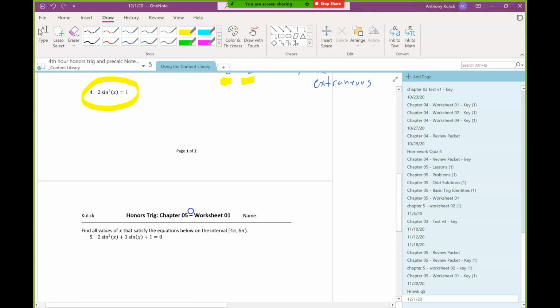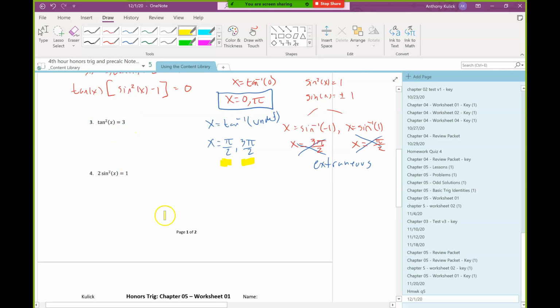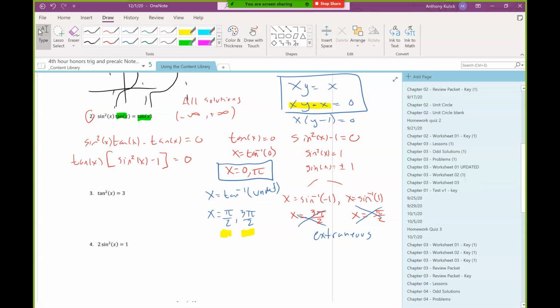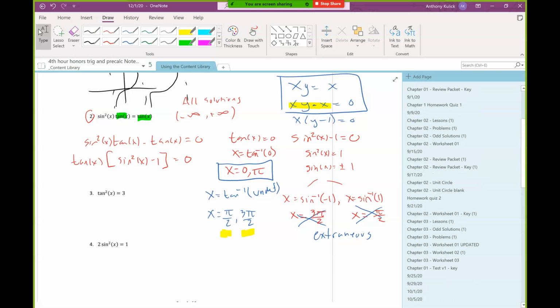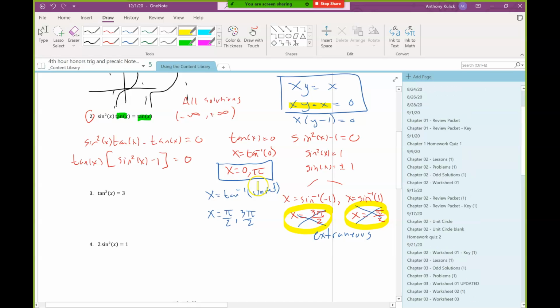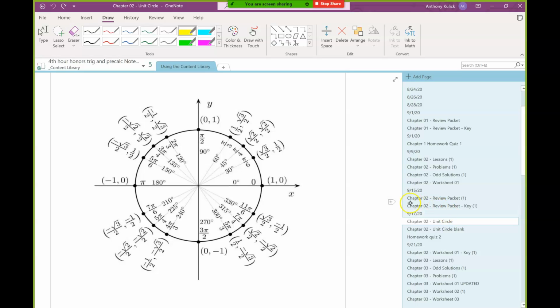Okay, so like if you get an x equals 0 for your tangent, you're just looking at where tangent is undefined. So maybe the better way of doing this would have been to take these answers and see what you get when you evaluate tangent of those. That's maybe the more clear way of thinking about it.